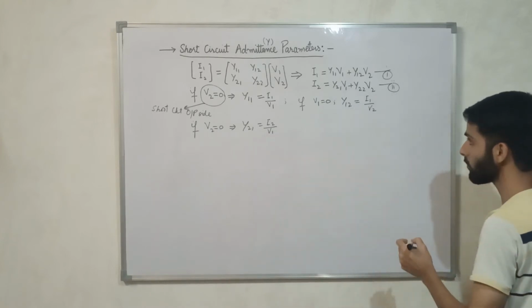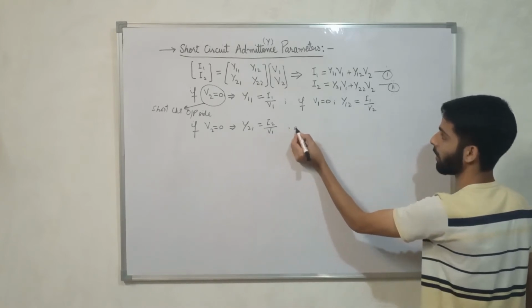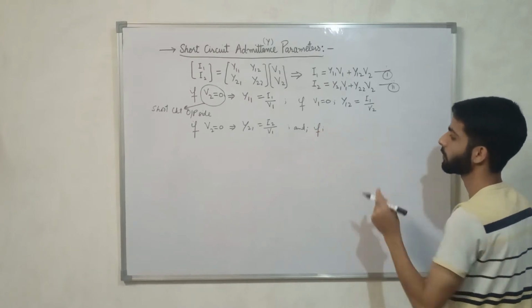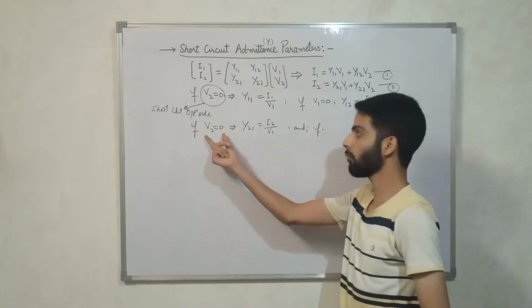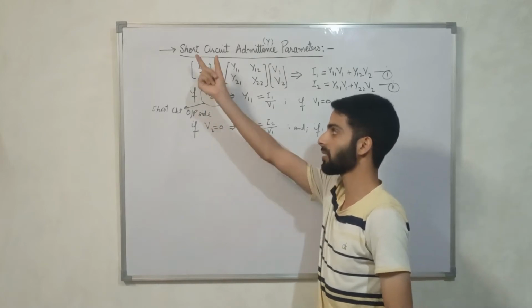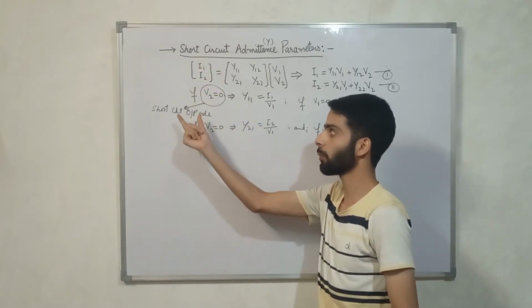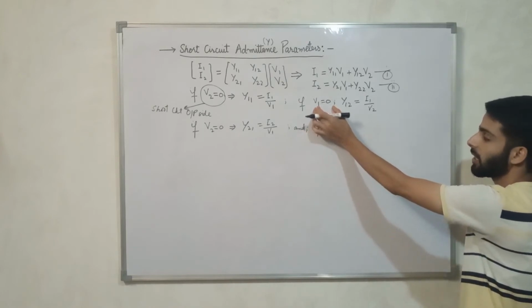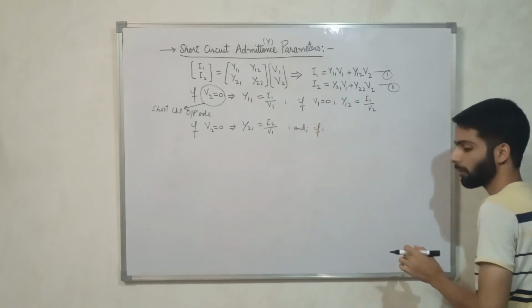Here again, voltage equal to 0 means short circuited: the output side is short circuited. Here V1 equal to 0 means the input side is short circuited because the voltage is equal to 0.